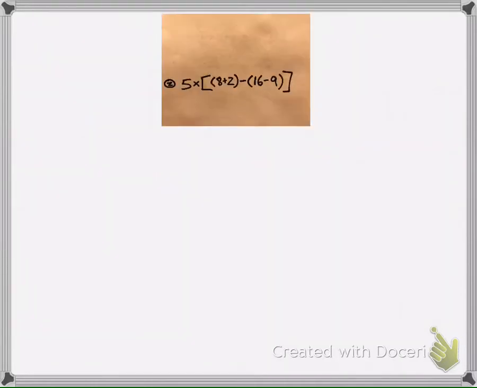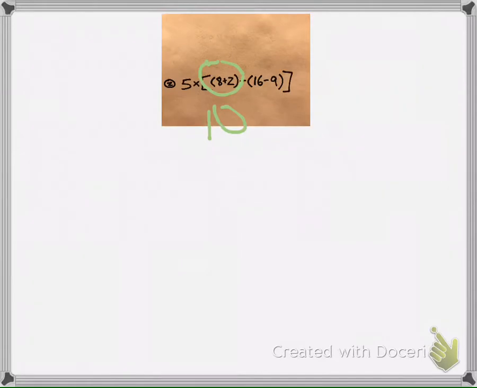All right, question number 2. Feel free to pause and try this on your own and then watch me solve it. But once again, I see 1 big bracket and 2 parentheses inside. So I'm going to take a look at my bracket first. And starting with my left parenthesis, I'm going to circle that and take care of 8 plus 2, which is, whoops, let me fix that real quick, 10.